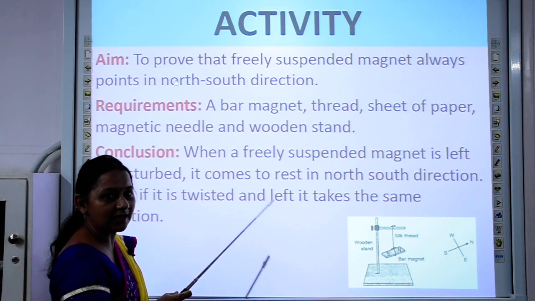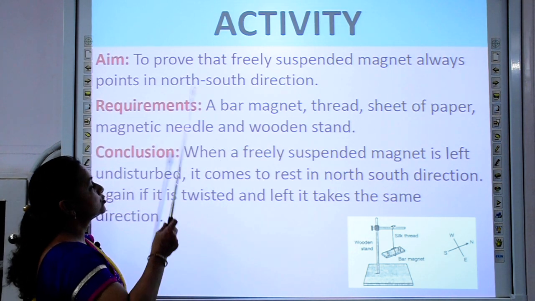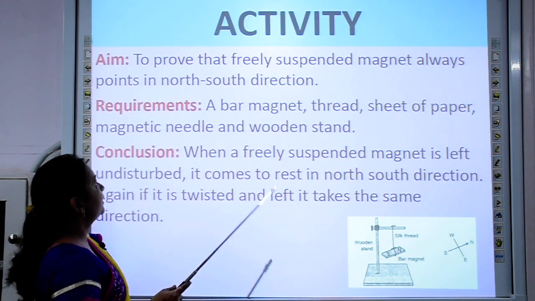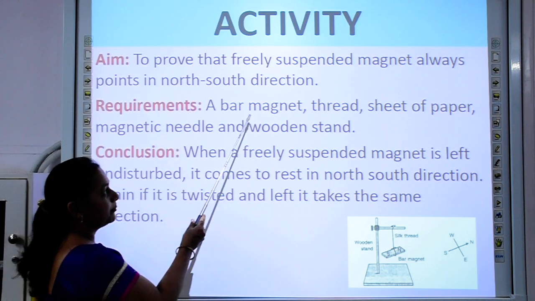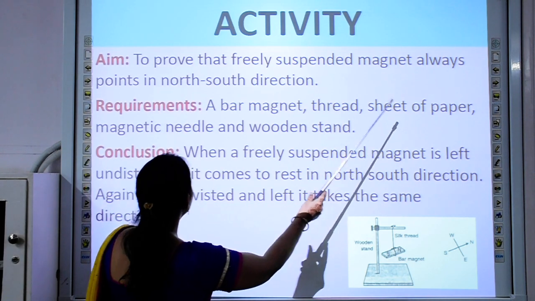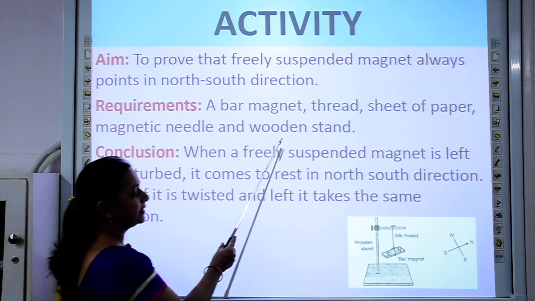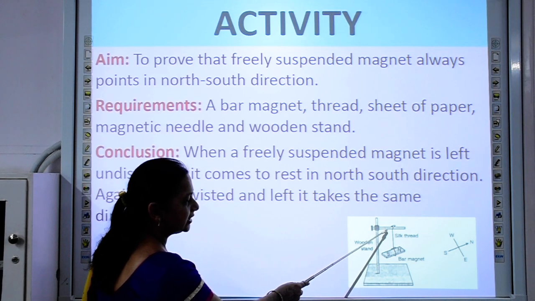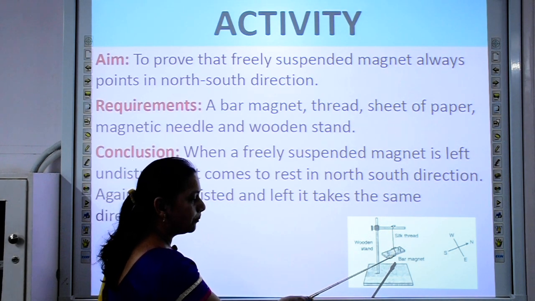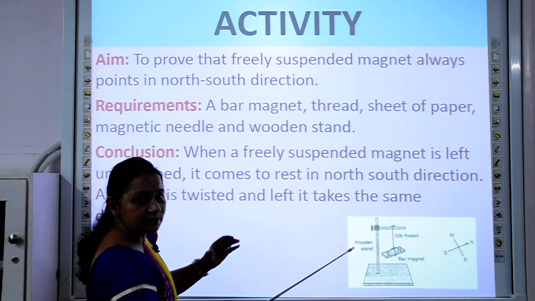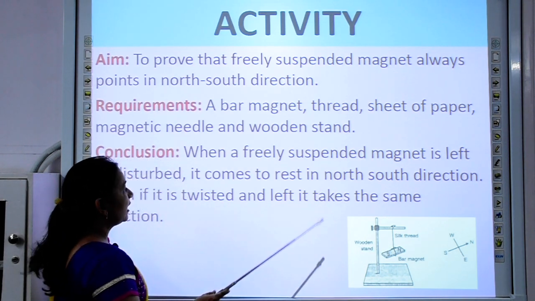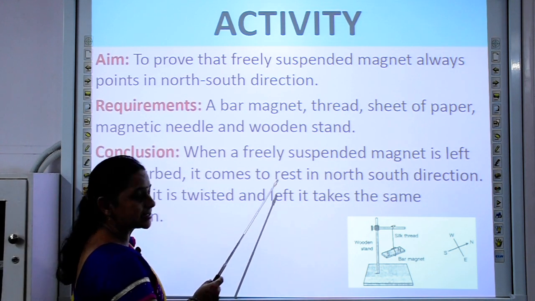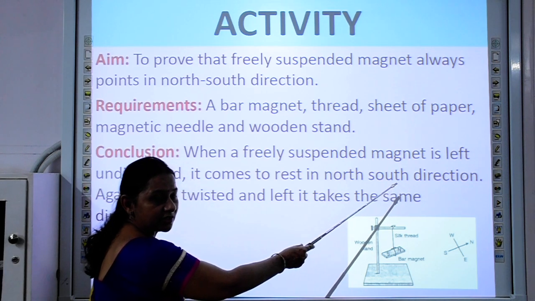Now we have a simple activity to prove that a freely suspended magnet always points in the north-south direction. For this we require a bar magnet, thread, sheet of paper, magnetic needle and a wooden stand. We take a wooden stand and with the help of a thread we tie a bar magnet. When this magnet is left undisturbed, it comes to rest in the north-south direction.